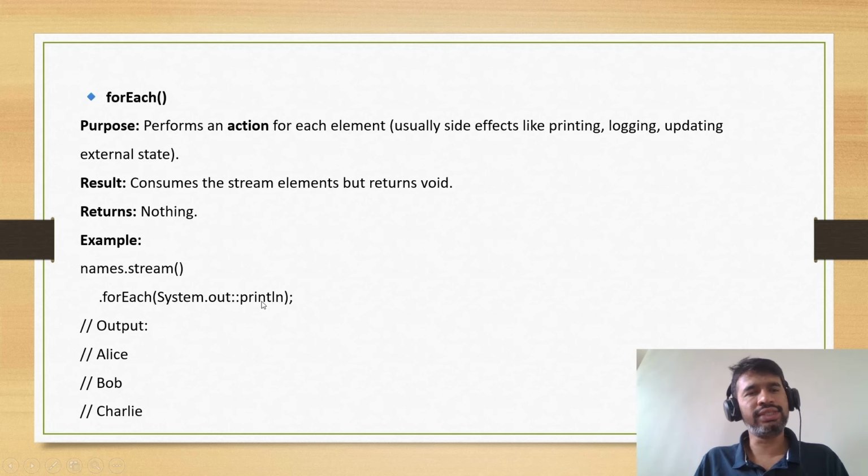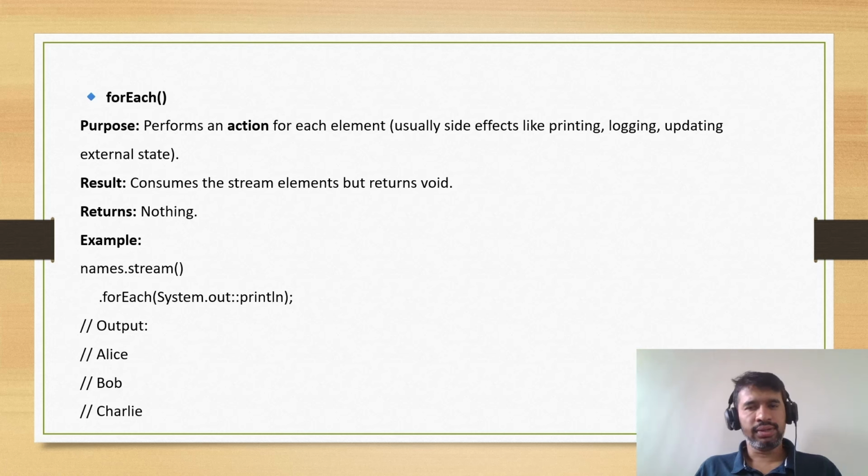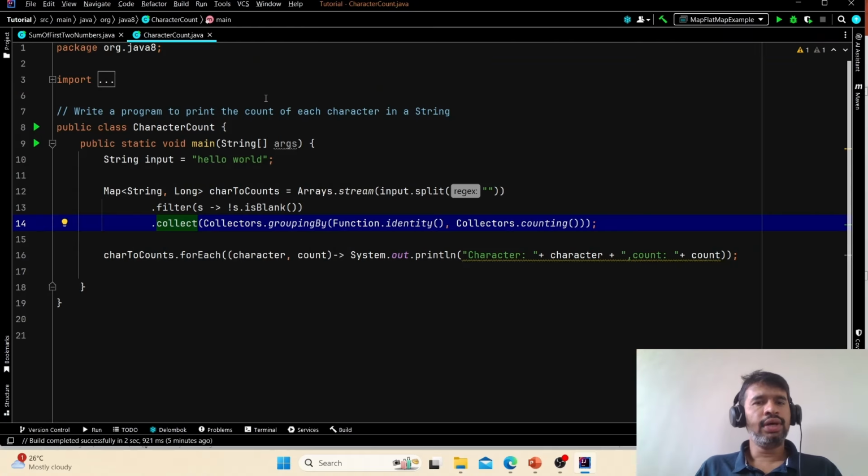I'll just show you an example for reduce and collect so that you'll understand the result. Let's go to the example. Here in this example we are using collectors. So collector, as I said, is used to collect the result to a mutable container. It can be a list, it can be a set, it can be a map. Here we are collecting into a map.